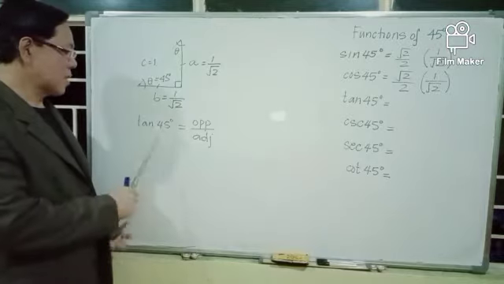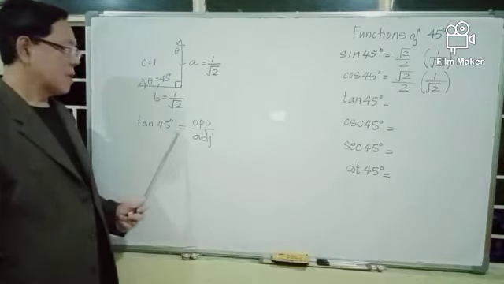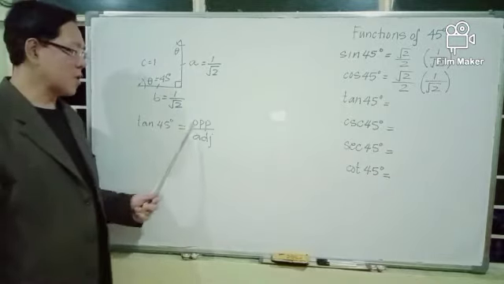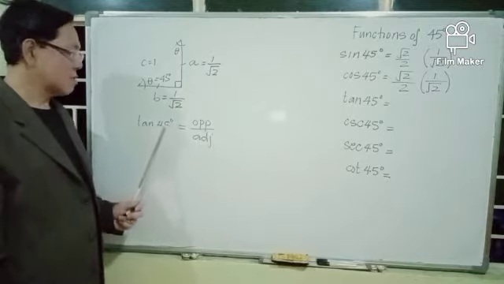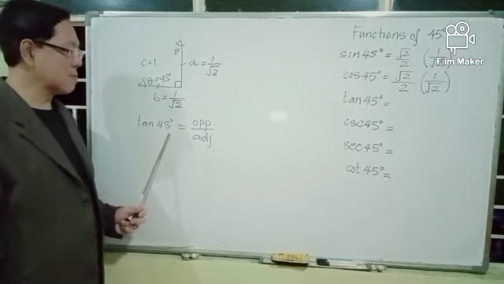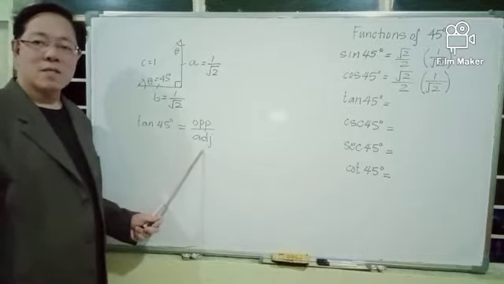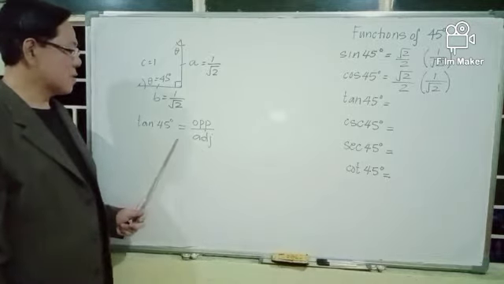For the tangent of 45 degrees, it is equal to the ratio of the side opposite the acute angle 45 degrees and the side adjacent to 45 degrees.